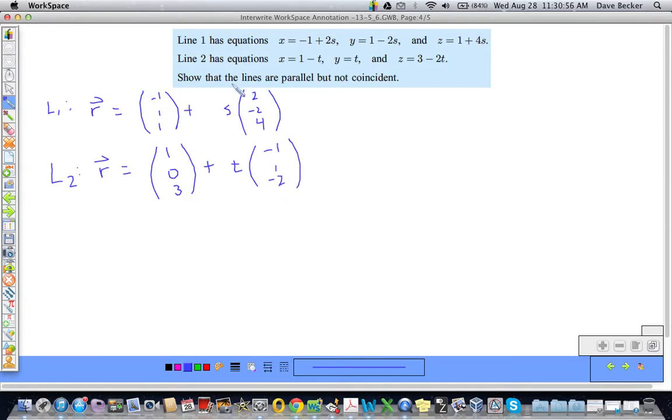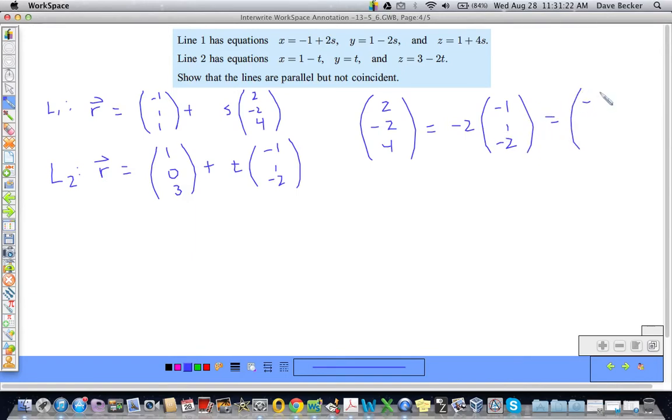Okay, so let's show that the lines are parallel. Well, if lines are parallel, then their directional vectors are multiples of one another. So all I have to do is say <2, -2, 4> is equal to -2 times <-1, 1, -2>, and maybe one step further, just go ahead and multiply this out.